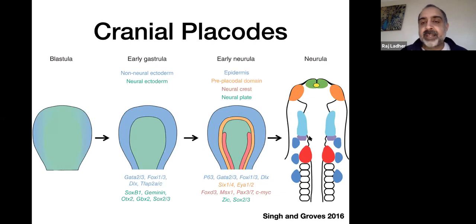This is a detail which may or may not be important, but when we start thinking about where in evolution these structures could have arisen, and the relationship between the olfactory placode and the otic placode, it's something to keep in mind.